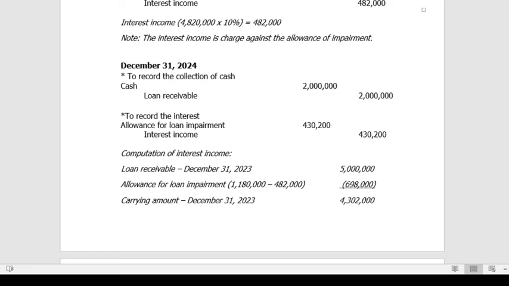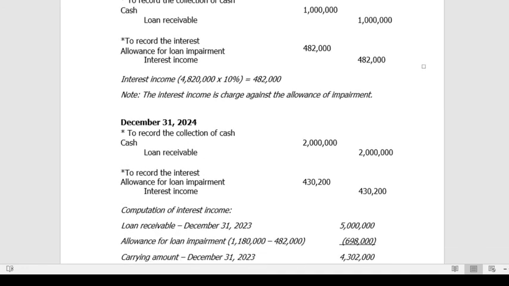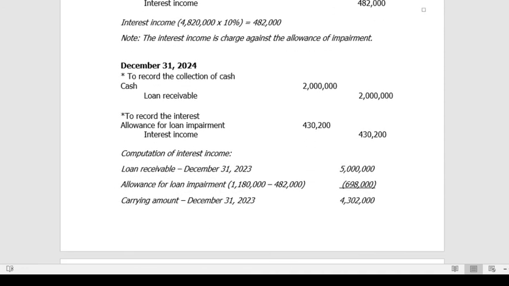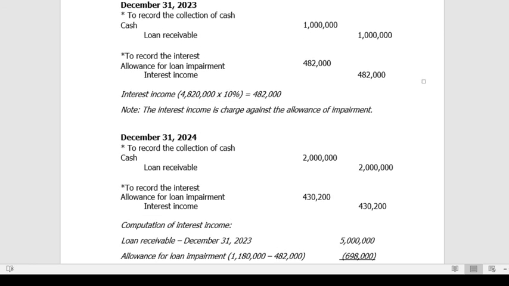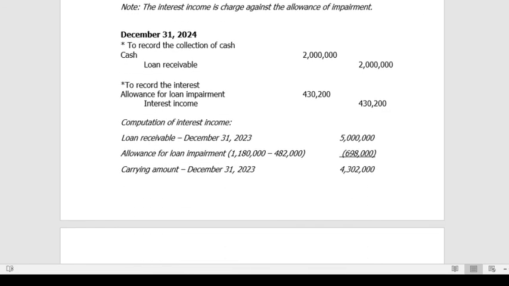The loan receivable ay 5 million, kasi nagbayad ng 1 million, di ba? The allowance for loan impairment kanina ay 1,180,000 pero binawasan na ng 482,000 because of the recording of the interest on December 31, 2023. So, naging 698,000 na lang yan.